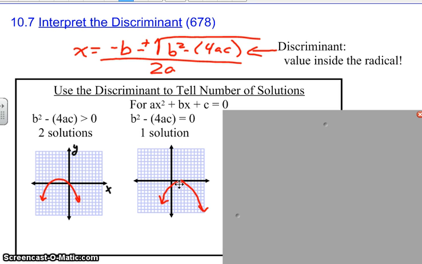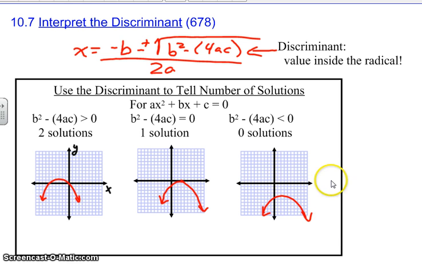And so what's our final possibility for the discriminant? So what would that look like in here? I'm hearing people say no solution. A negative, right. What if b squared minus 4ac is negative 1? What's the square root of negative 1? No solution. Can't do it. So we say this particular graph is not touching the x-axis anywhere.